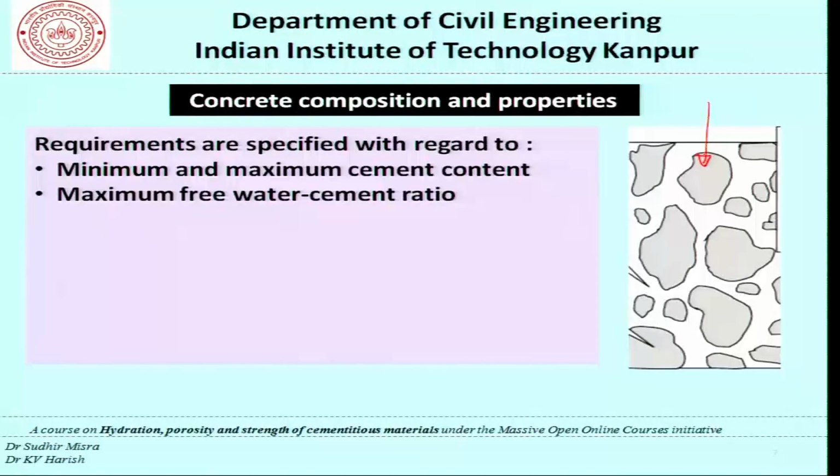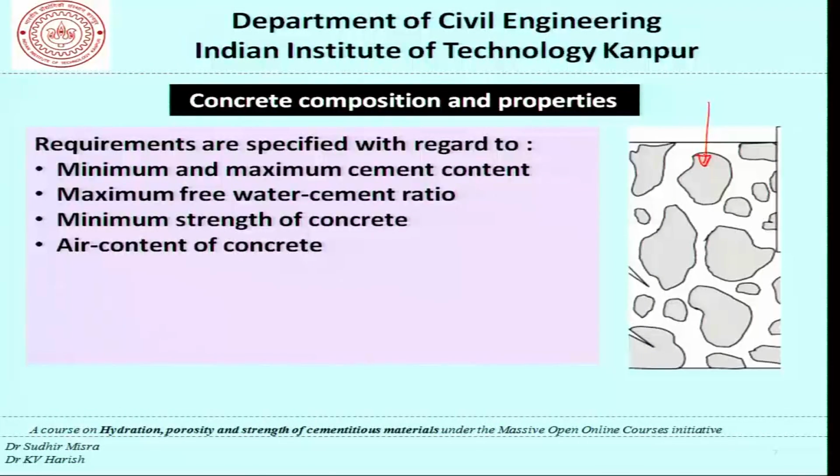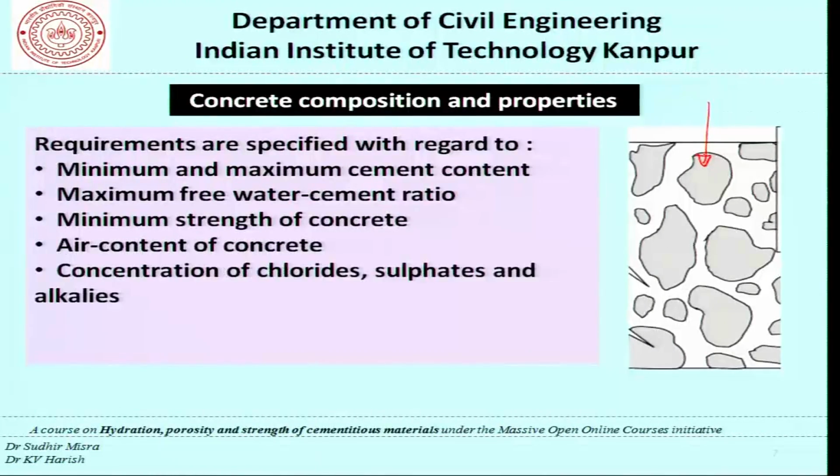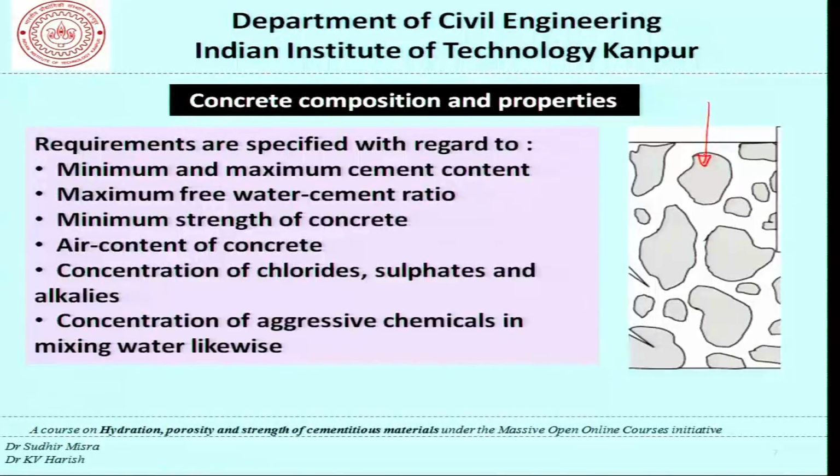It could be the maximum free water cement ratio. It could be the minimum strength of concrete. It could be the air content in concrete, or the concentration of chlorides, sulfates and alkalis, or the concentration of aggressive chemicals in mixing water and likewise.